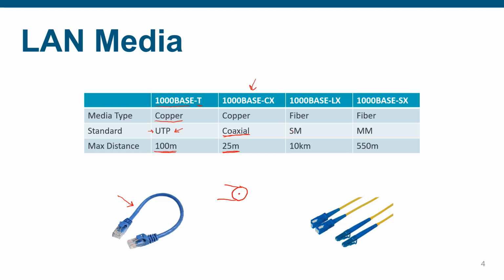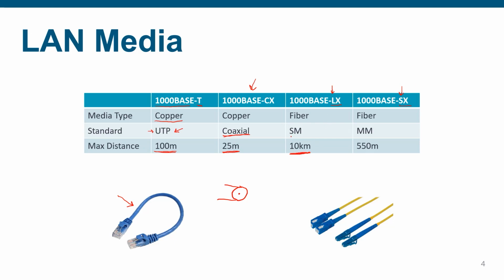And moving over into our fiber cables, we have 2 different fiber standards here, 1000 base LX and 1000 base SX. L for long and S for short, where the long is that we have a distance of 10 kilometers.